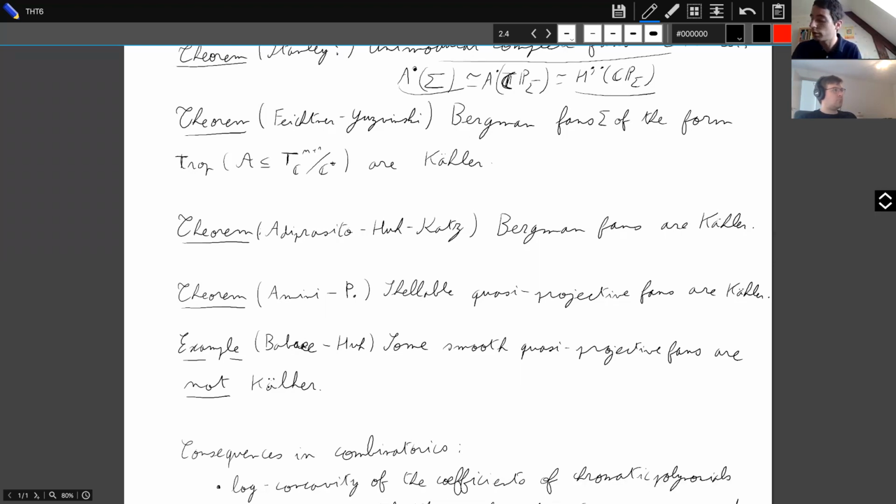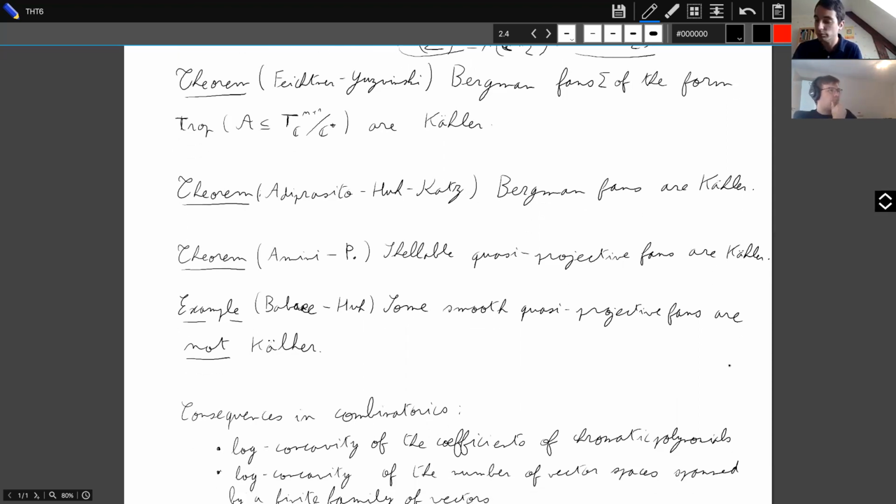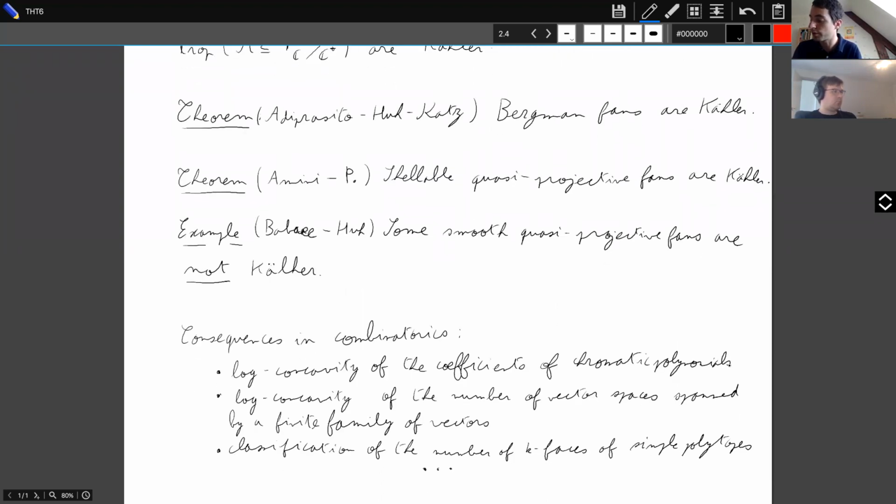I mean, if we take our definition of smoothness, we have some smooth quasi-projective fans which are not Kähler. There is a counterexample by Ian Hu, for instance. If you define smoothness to be Bergman fans, locally Bergman fans, of course it is always Kähler because of this theorem.